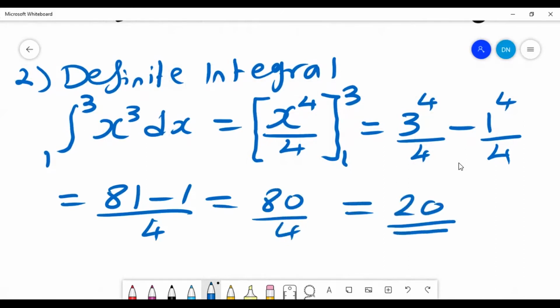So for the definite integral, you do not need to put the constant of integration. And if you're very careful with what you're doing, you shouldn't find any challenges in that. And that's another example of how to deal with a definite integral and indefinite integral.